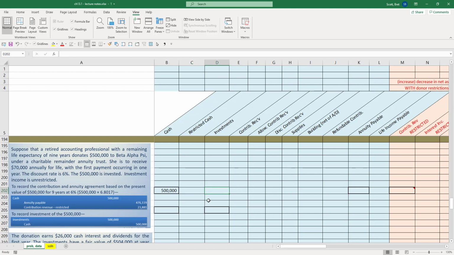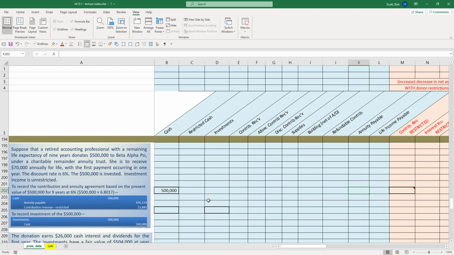It turns around and it's going to invest it. But first we have to ask ourselves, is the full $500,000 restricted? Yes, it is, and yes, it's not. We have a situation where we have to use the money to pay $70,000 out every year.